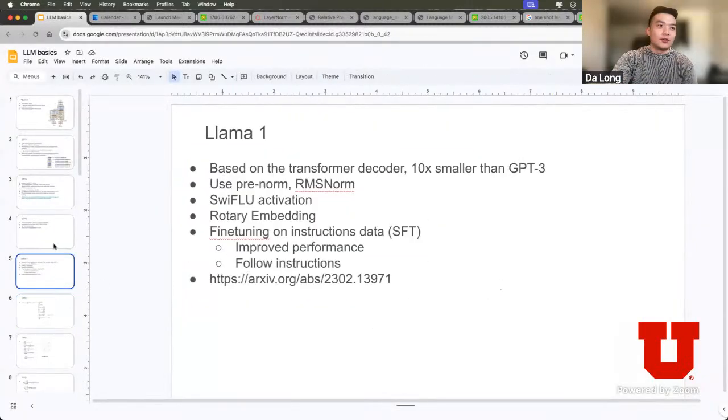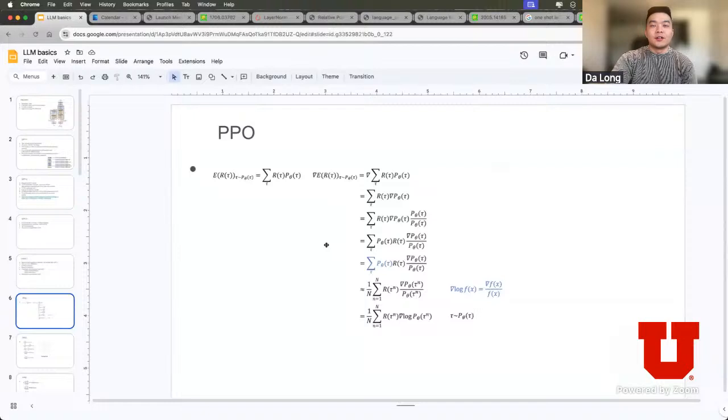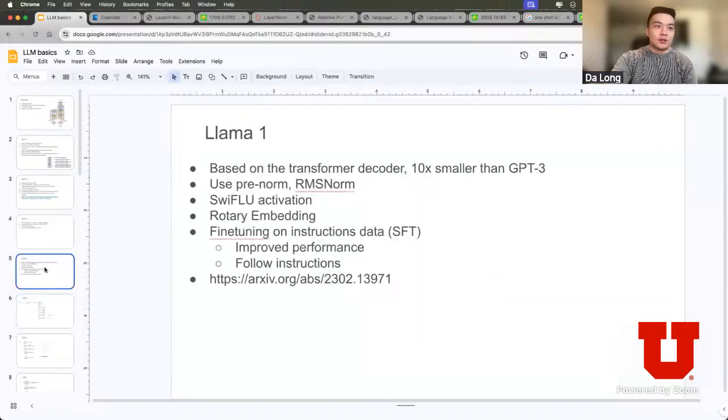Next I'll introduce the fine tuning. In Llama 1 and GPT-3, they just do supervised fine tuning. It means they treat it as a supervision task, giving question and answer pairs, and they do the supervision on those pairs.